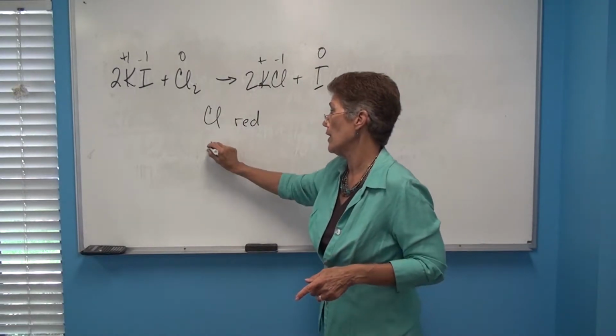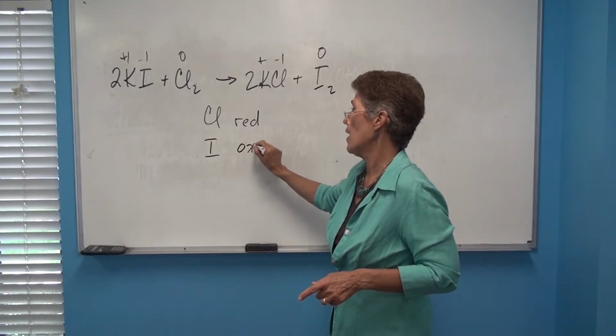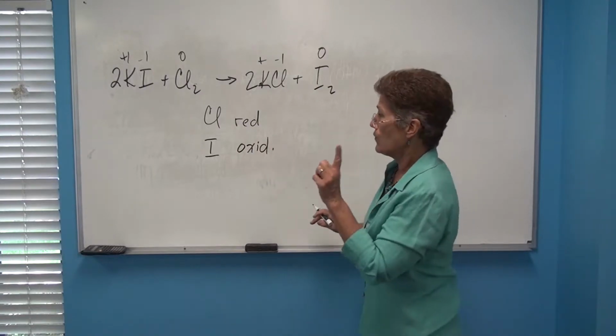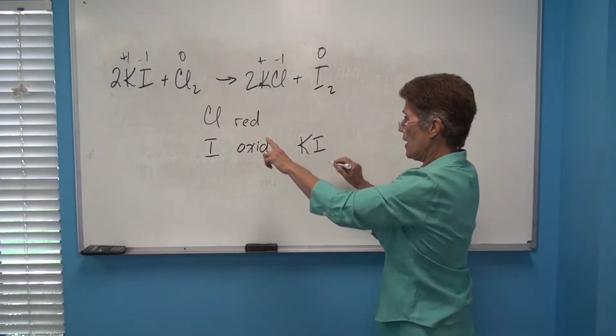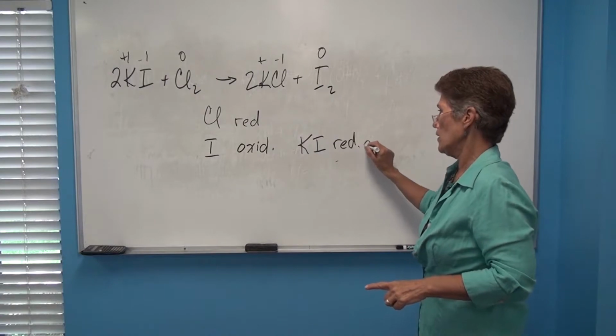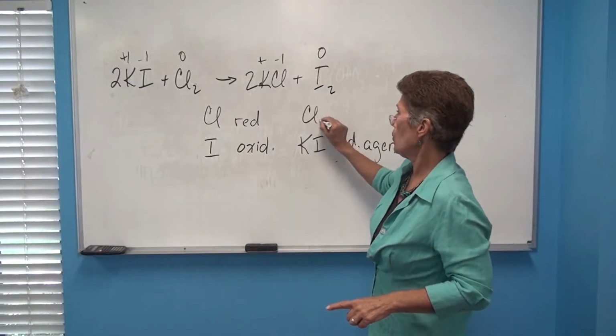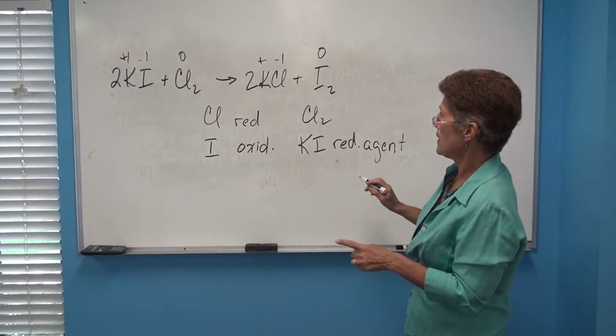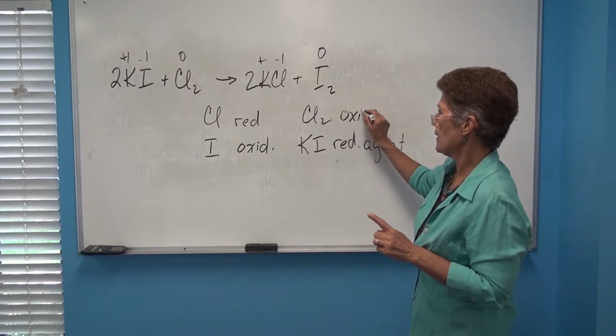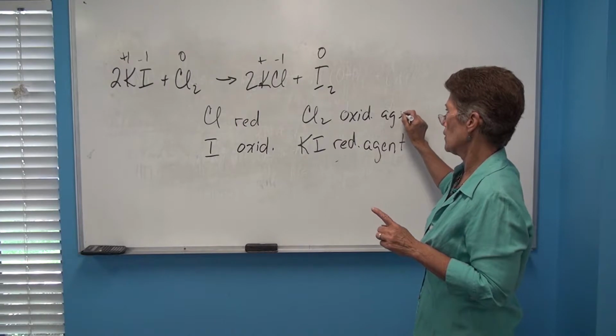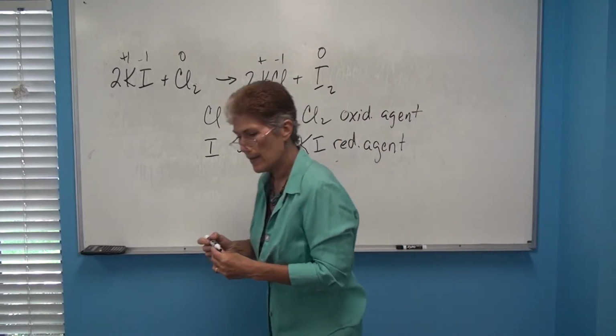It's losing electrons, so the iodine is being oxidized. And so the potassium iodide is the reducing agent, and the chlorine is the oxidizing agent. There we go.